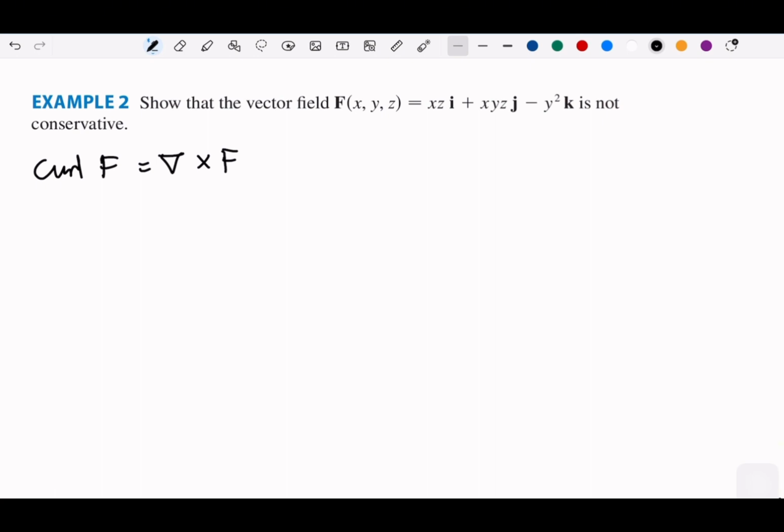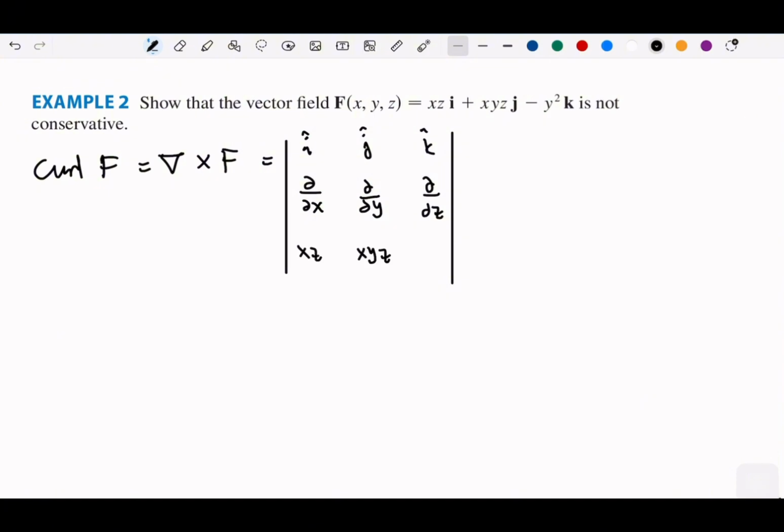If it is 0, then it will be conservative. So if we check this, we have i, j, k, then ∂x, ∂y, ∂z, and the components x, y, z and minus y squared, right? And then take the cross product.